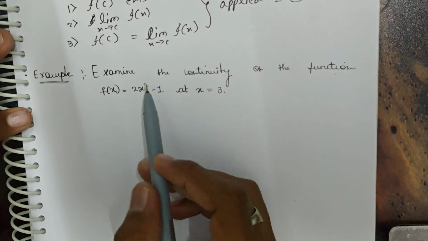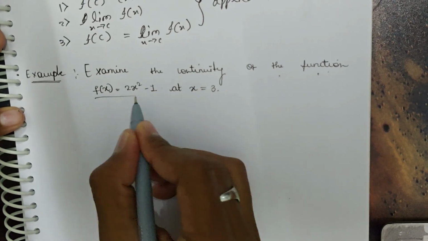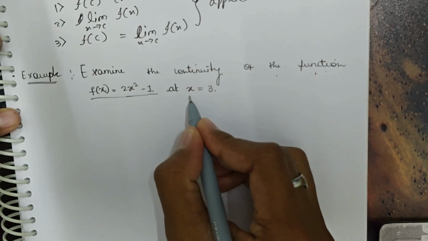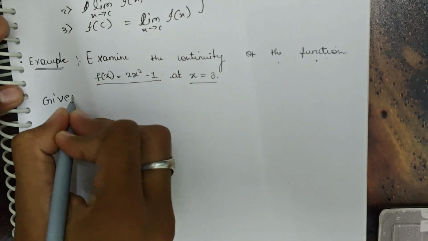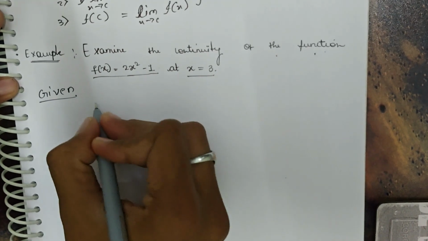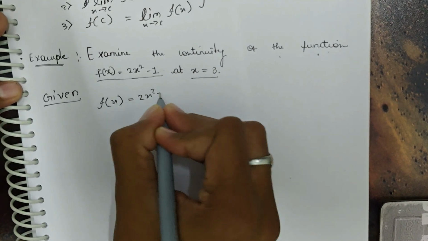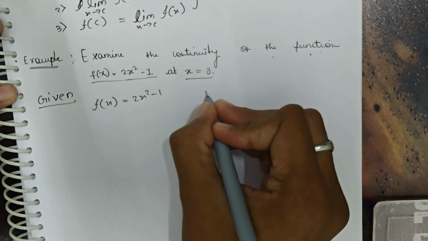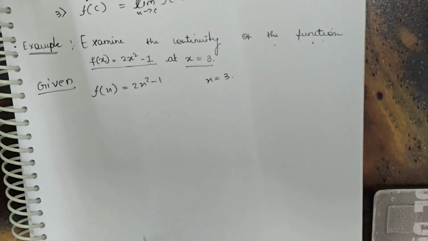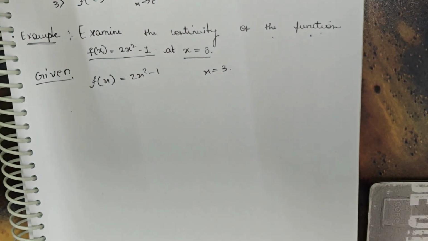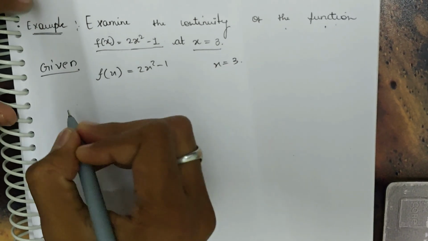To understand this concept, we have to solve an example. So here we have an example. Examine the continuity of the function f of x equals 2x square minus 1 at the point x is equal to 3. So here we have two given values: the function f of x is equal to 2x square minus 1 and the value x is equal to 3. So first we find f of c.